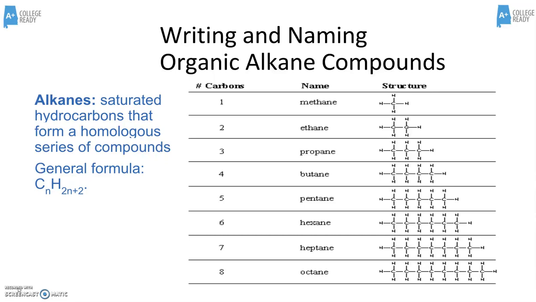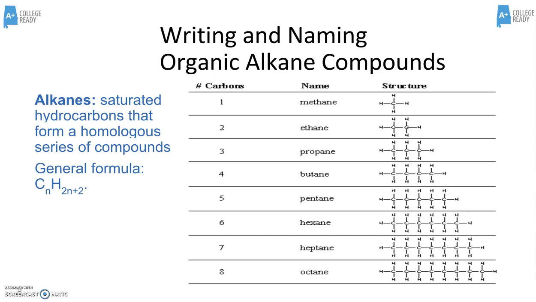So remember, in our molecular compounds, we had mono, di, tri, tetra, right? Well, now in our basic organic compound naming, our prefixes have changed. One carbon is the prefix meth, 2 carbons are eth, 3 carbons are prop, 4 carbons are but. So again, pentane all the way down to 10, it stays the same.